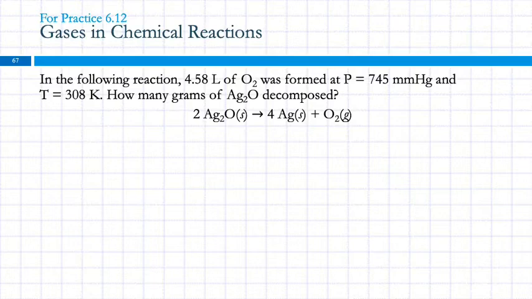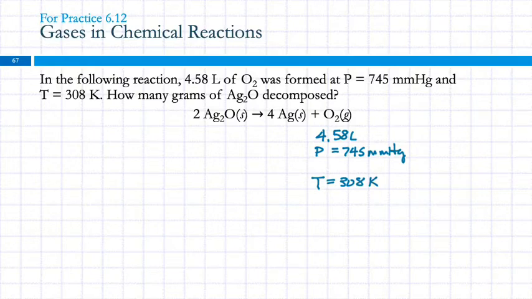So under O2, I'm going to write 4.58 liters. That's the volume of the gas. And then I'm given a pressure and a temperature, and those also relate to the oxygen. So pressure equals 745 millimeters of mercury, and temperature equals 308 Kelvin.